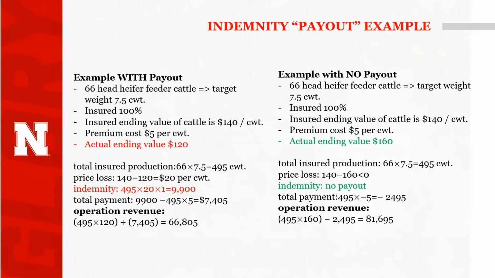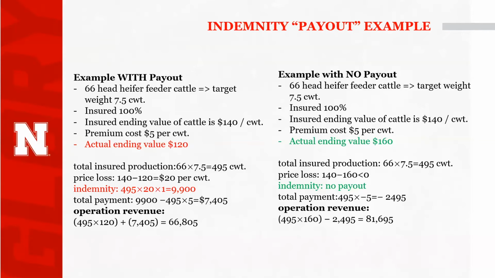And with that, it's associated a $5 premium per hundredweight, right? So we take out this endorsement period or this coverage, and we wait throughout the endorsement period. At the end, the prices fall and the actual ending value is $120 per hundredweight.